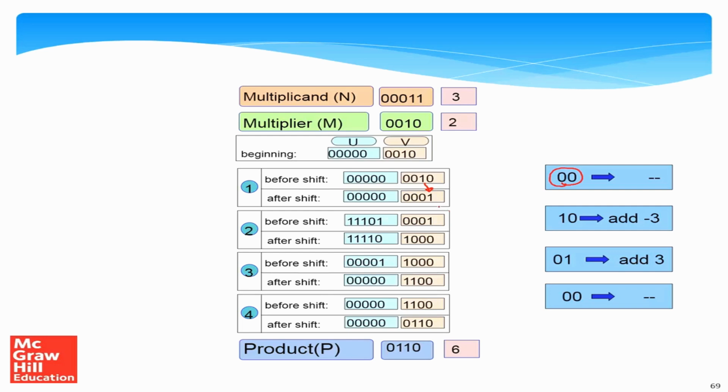Subsequently what we do is we look at the current bit previous bit pair, which in this case is 1 0. So we see a 0 to 1 transition. So in this case we essentially subtract the multiplicand, which means that we add minus 3, and minus 3 would be this in a 5-bit representation.